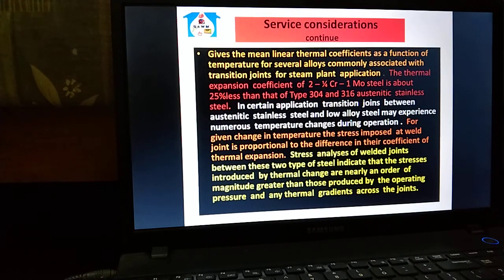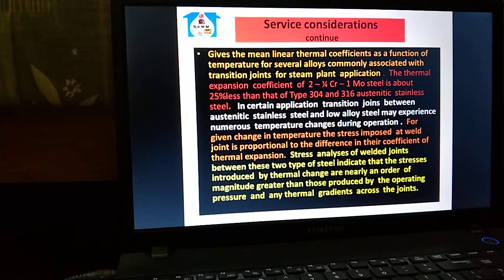In certain applications, transition joints between austenitic stainless steel and low alloy steel may experience numerous temperature changes during operation. For a given change in temperature, the stress imposed at the weld joint is proportional to the difference in their coefficients of thermal expansion.